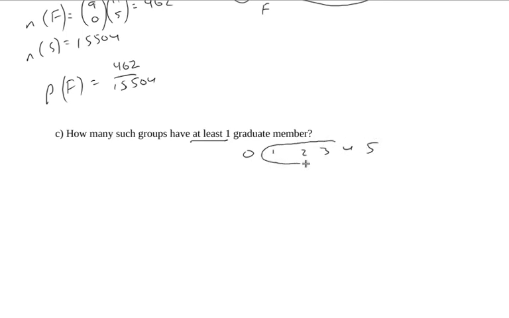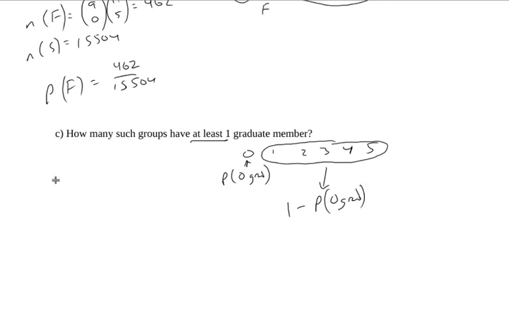If we're talking about having at least 1 graduate student, that means we're talking about the probability of being somewhere within here. So what I'm going to do is figure out the probability of 0 grad students. That's this one right here. And I'm going to use the complement rule to find this bigger part right here. This is going to be 1 minus the probability of 0 graduate students.